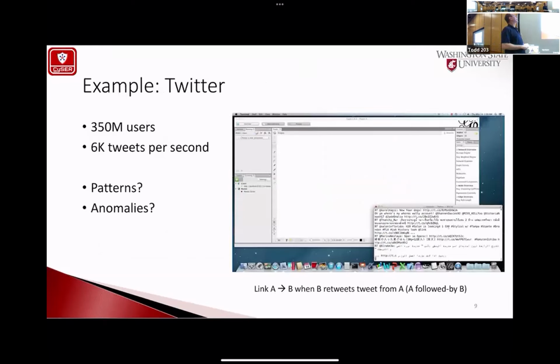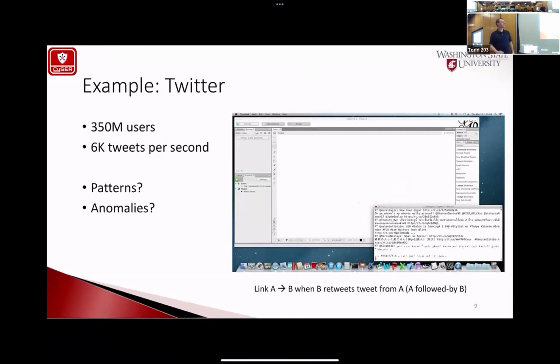And not only is there a lot of data here, but all of these graphs are dynamic. They're changing over time. And so the challenge is to deal with this scale of data, not only in its volume, but also its velocity, which is how fast it's coming in.